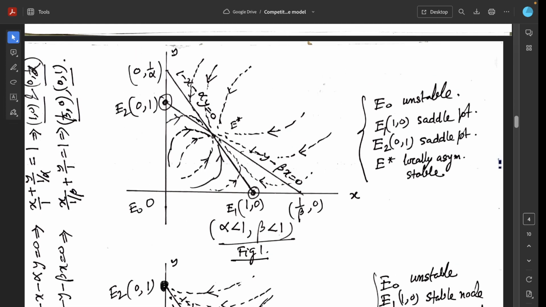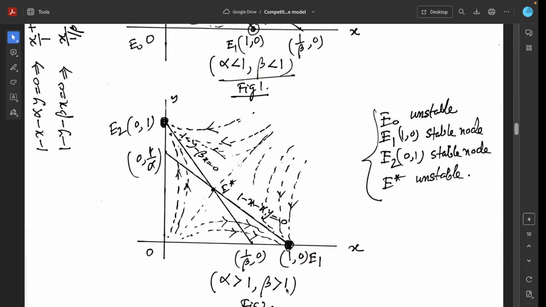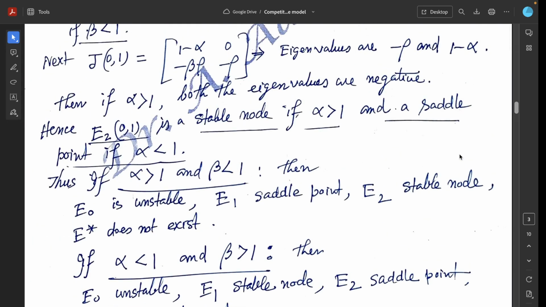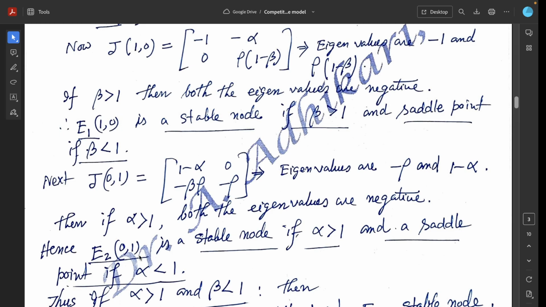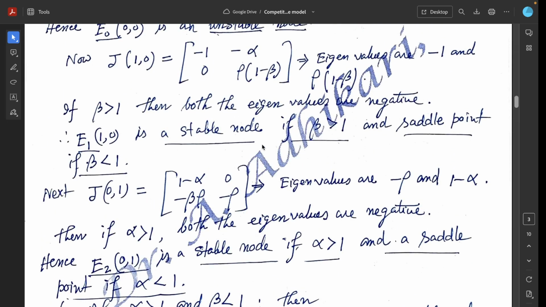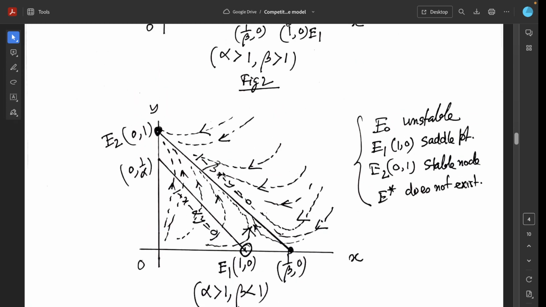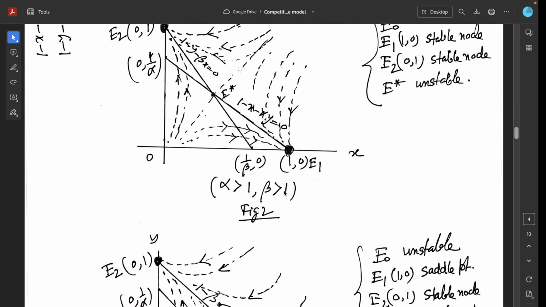Next, if alpha is greater than 1 and beta is greater than 1: E0 is unstable, E2 is stable because alpha is greater than 1, and E1 is also stable because beta is greater than 1. This is figure 2, alpha greater than 1, beta greater than 1.